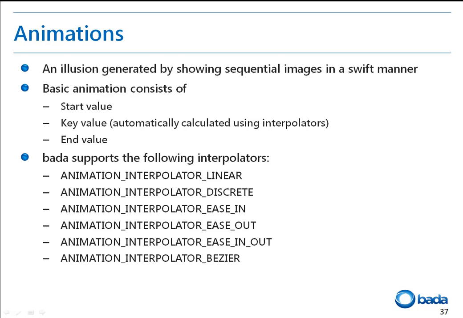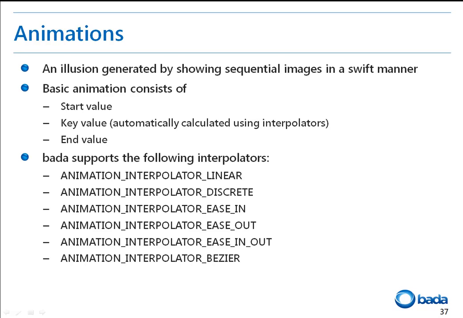The frames between the key frames are interpolated frames, which display a position calculated based on an interpolator. A simple animation only requires two key frames, the start frame and the end frame. A basic animation consists of a start value, a key value, which is automatically calculated using interpolators, and an end value.